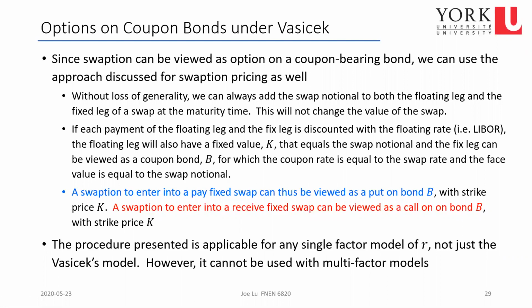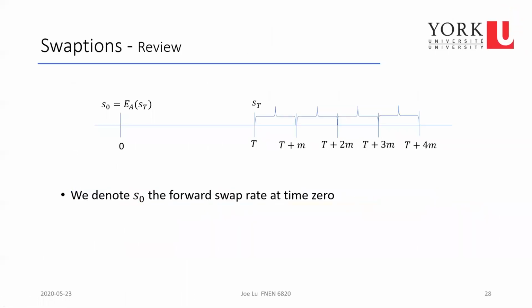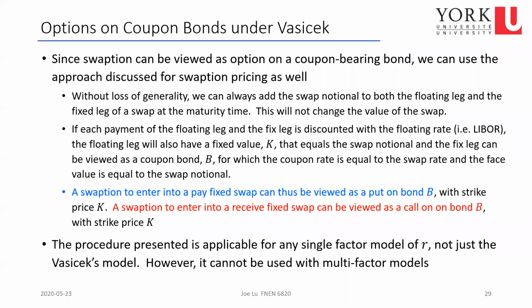Let's say we have a pay fixed swap. Then essentially you will have a put on the coupon bond, because the value is K minus the value of the fixed side.